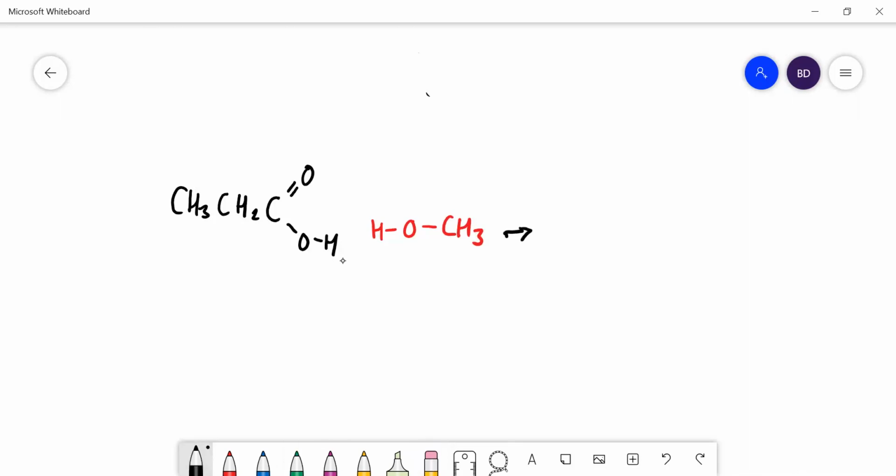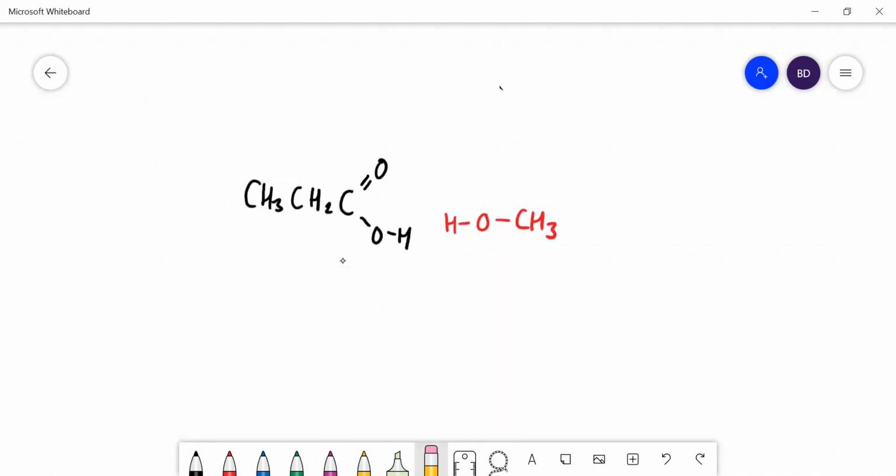Right, you're going to lose the elements of water, because you get nucleophilic attack onto that oxygen onto the carbon. So you lose the water, so you lose that. You keep that oxygen, and you form this ester, not polymer.